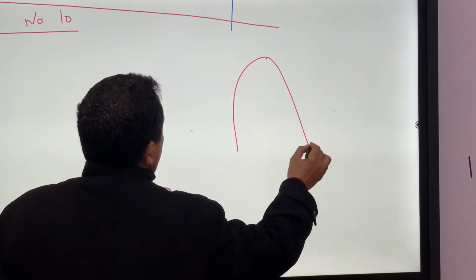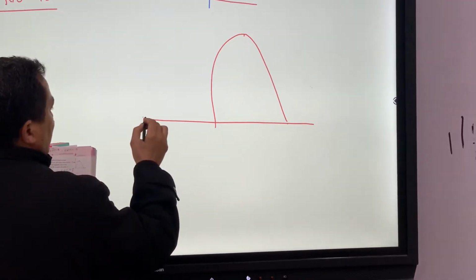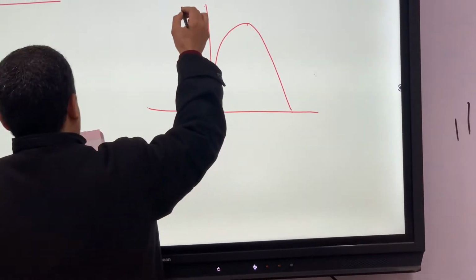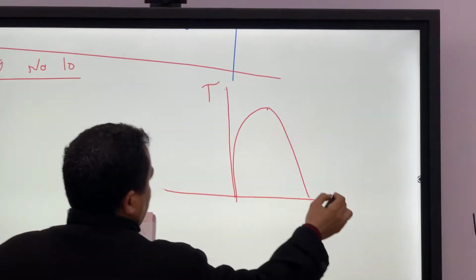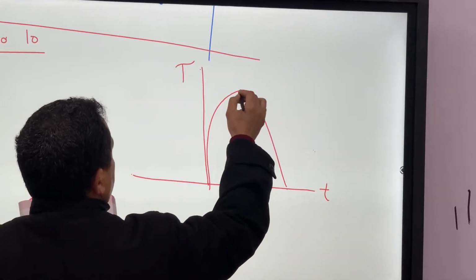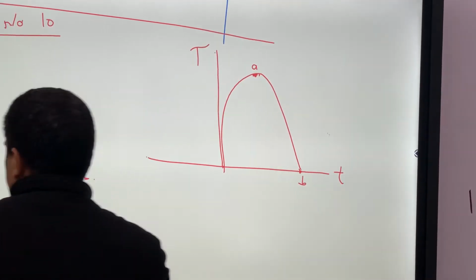In this problem, we are given a relationship or graph between torque and time. This point is called A and this point is called B.